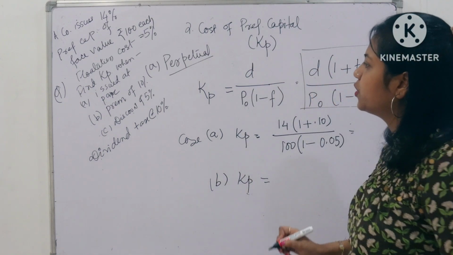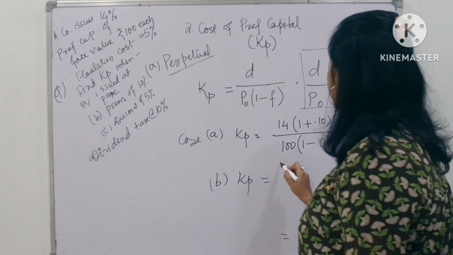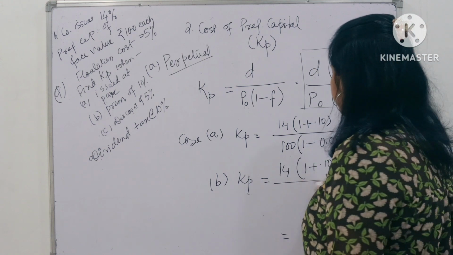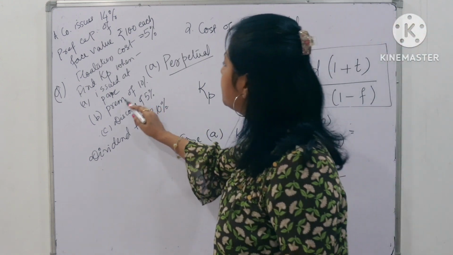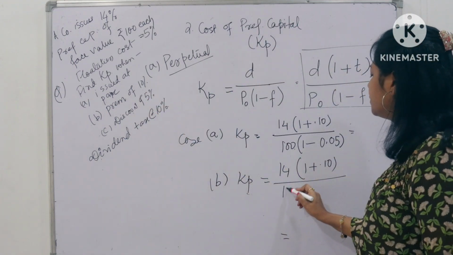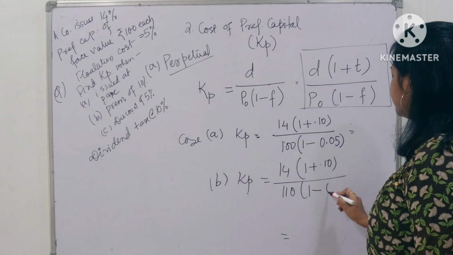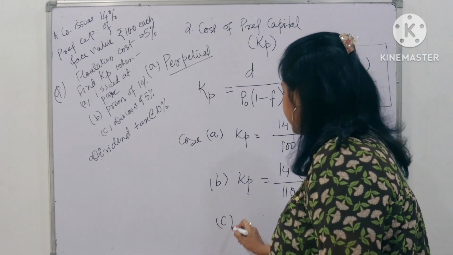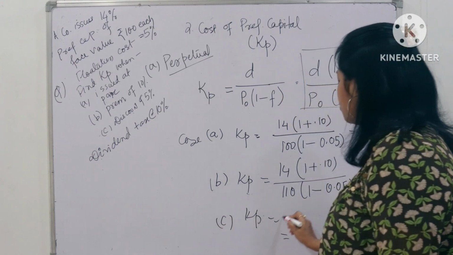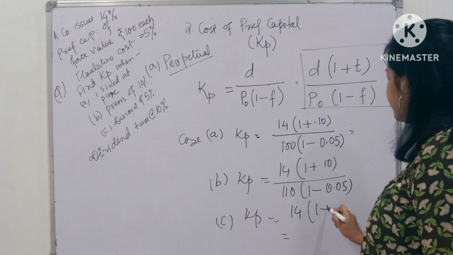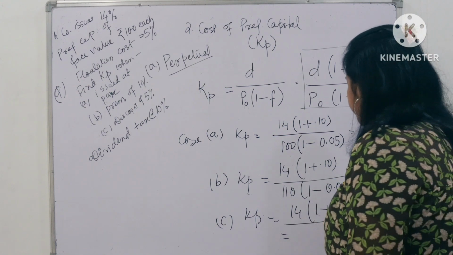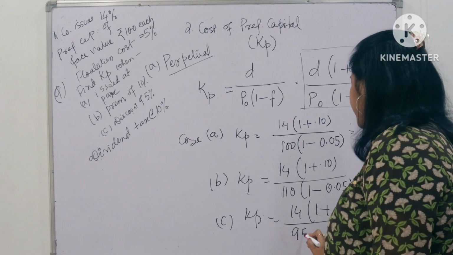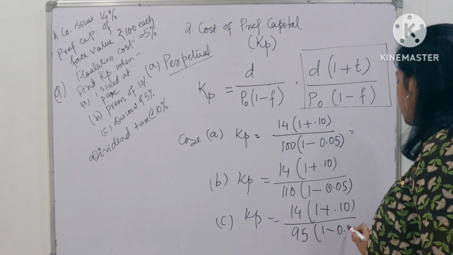Same is the case when you are doing it at premium. Your dividend is 14 into 1 plus 0.10, divided by, now it is issued at a premium of 10%, so 100 rupees will become 110, into 1 minus 0.05. Then comes the third case, KP is equals to 14 into 1 plus 0.10 divided by, issued at 5% discount, so 95 into 1 minus 0.05.